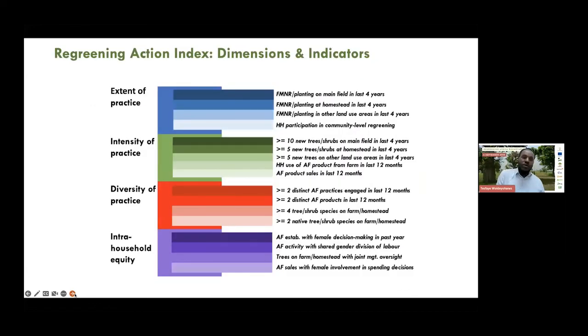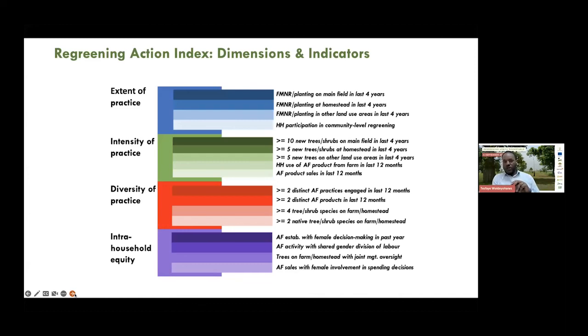So we don't stop there. We want to explore further how the uptake has changed using the Regreening Action Index, which is an innovative analytical tool developed by the MEL team. It looks into the different aspects of land restoration.